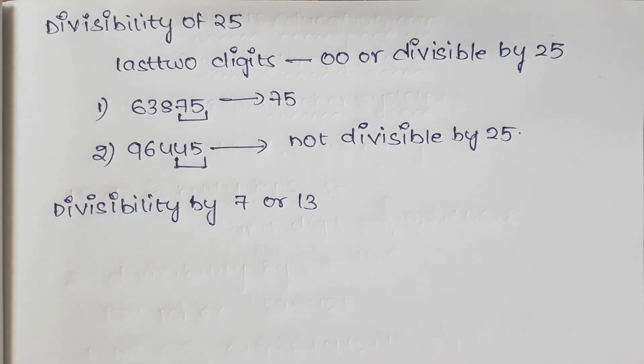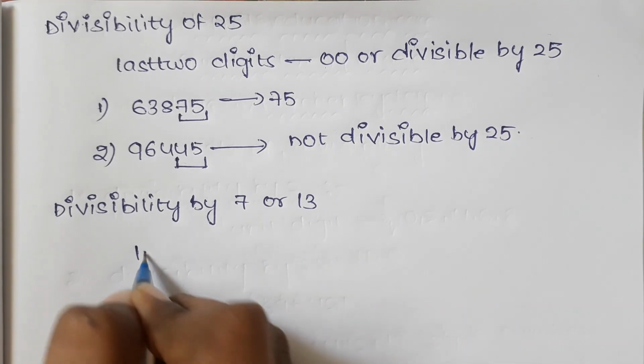Divide the number into groups of 3 digits starting from the right and find the difference between the sum of the numbers in odd and even places. If the difference is 0 or divisible by 7 or 13, then the given number will also be divisible by 7 or 13.